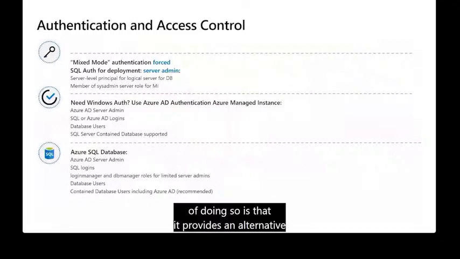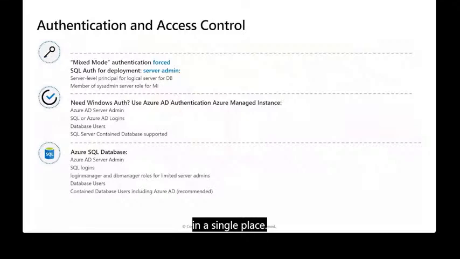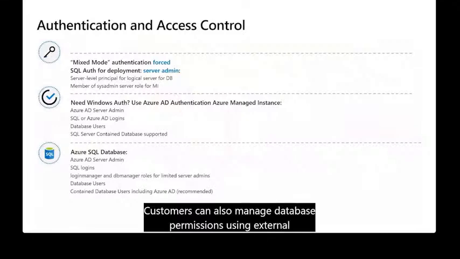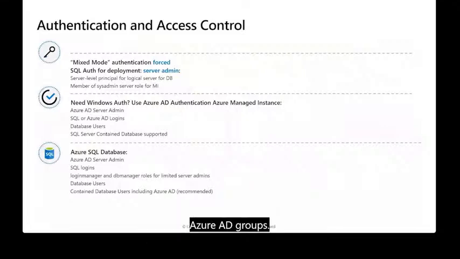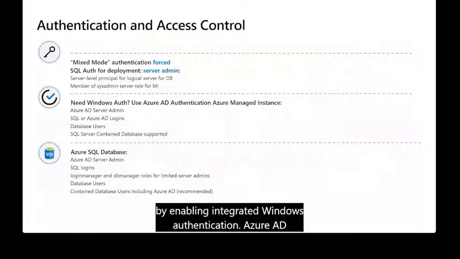Some of the benefits of doing so is that it provides an alternative to SQL Server authentication. It allows for password rotation in a single place. Customers can also manage database permissions using external Azure AD groups. You can also eliminate storing passwords by enabling integrated Windows authentication.